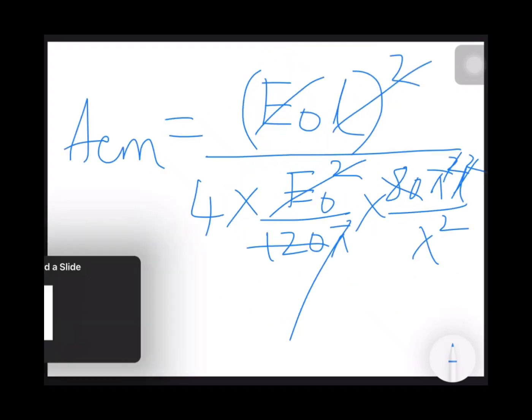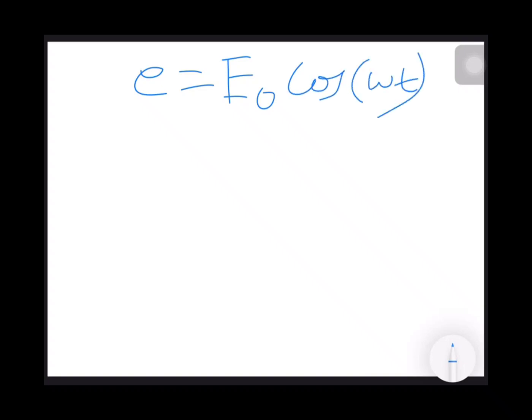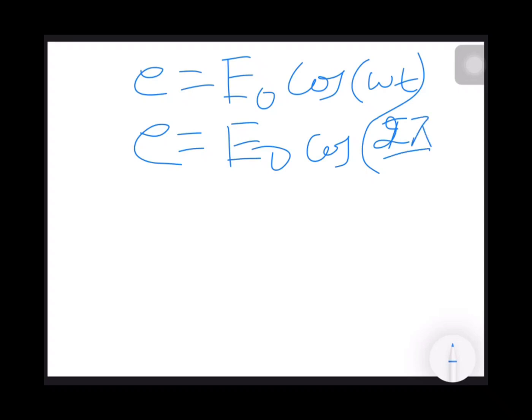So we go with the same equations. As we are considering a lambda by 2 antenna, the resultant field is E is equal to E naught into cos omega t, and next the same step, E is equal to E naught into cos 2 pi by lambda.